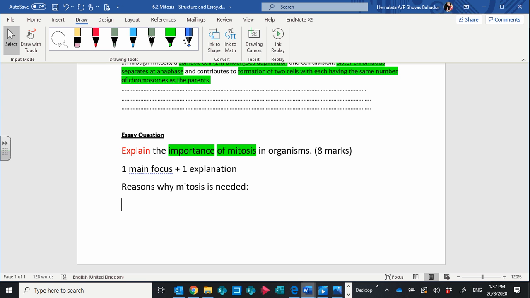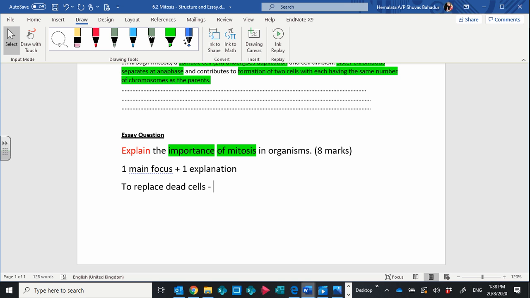Well, you can use back the same thing. For example, to replace dead cells. Okay, one of the importance of mitosis. You can use this one. Okay, this is my main focus.